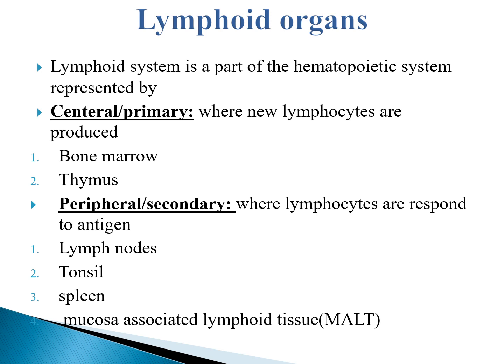Central primary, where the new lymphocytes are produced from the bone marrow يعطيني ال B cells, from the thymus يعطيني ال T cells. زين, peripheral or secondary lymphocyte, where the lymphocytes respond to the antigen. لما الليمفوسايت مالتي تستجيب للانتيجين وين؟ بالليمف نود وبالتونسلز وبالسبلين. ونمبر 4 بالميوكوزا associated with the lymphoid tissue. هاي السنترال والperipheral.